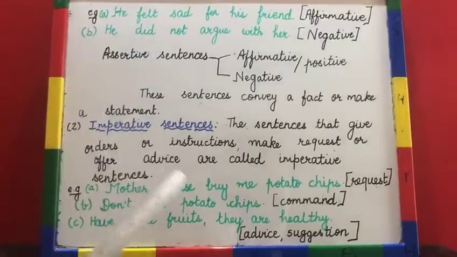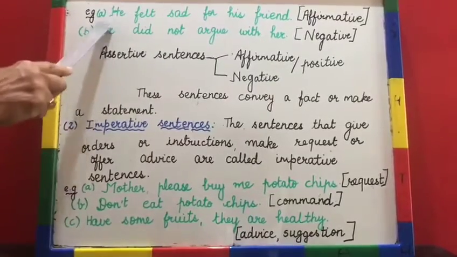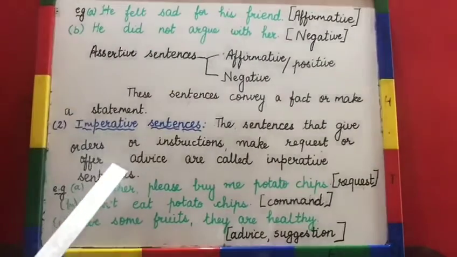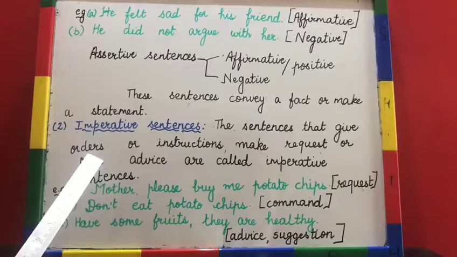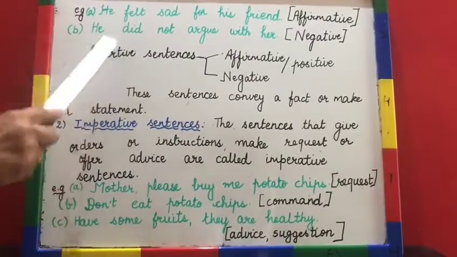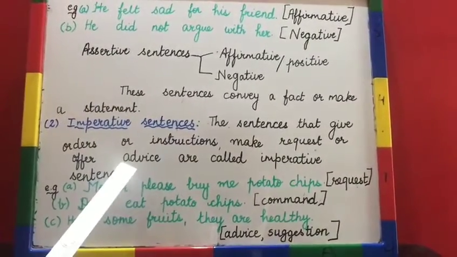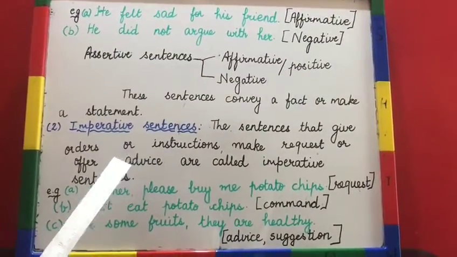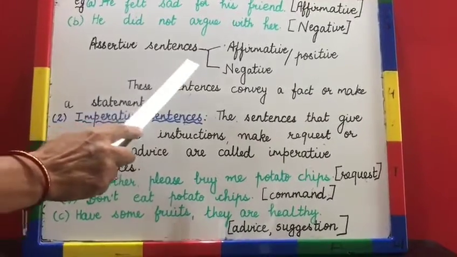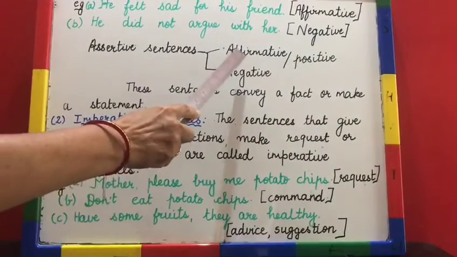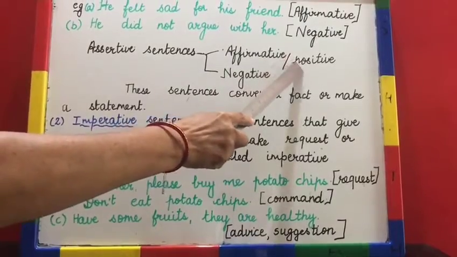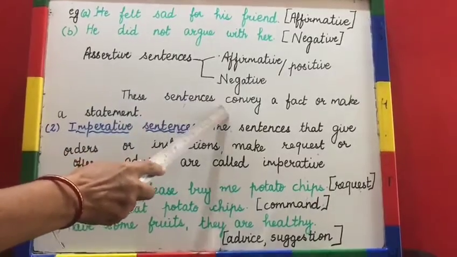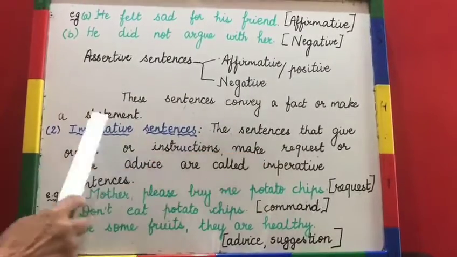In these examples, sentence A is an affirmative sentence since it is making a positive statement, and sentence B is negative as it is making a negative statement. So we can say that assertive sentences can be affirmative or negative, and these sentences convey a fact or make a statement.